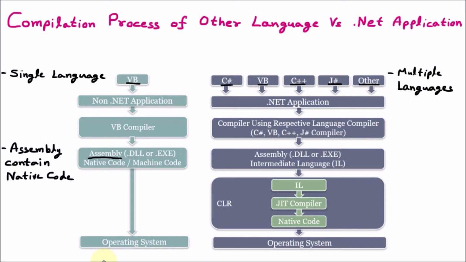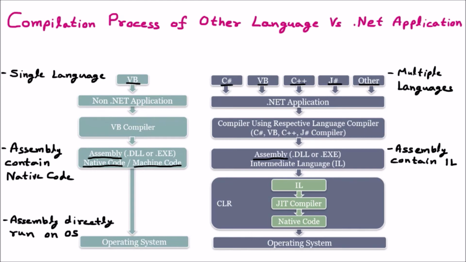But if we talk about the .NET application, here also if we compile it, it also converts to the assembly, but here the assembly is not the native code or the machine code, it is the intermediate language. Because in other languages, the assembly contains native code or machine code, which can directly run on the operating system. That's why we can say that the assembly directly runs on the operating system.